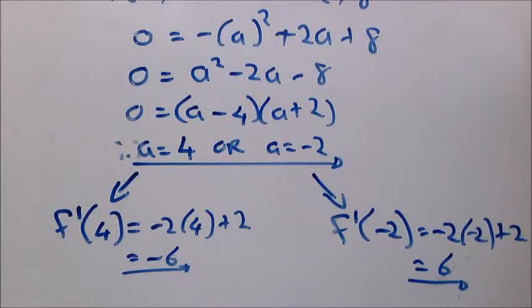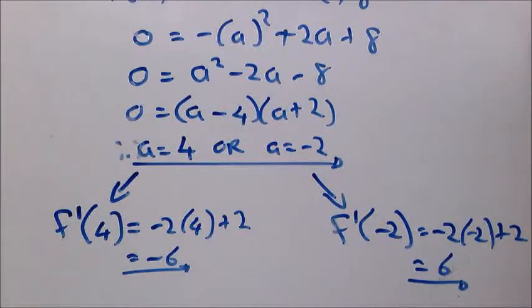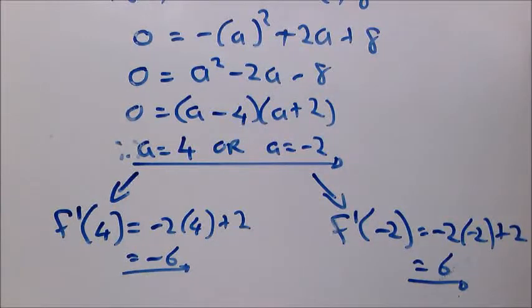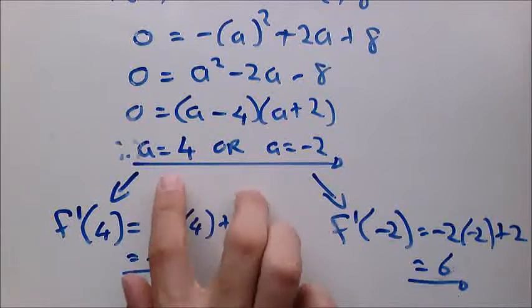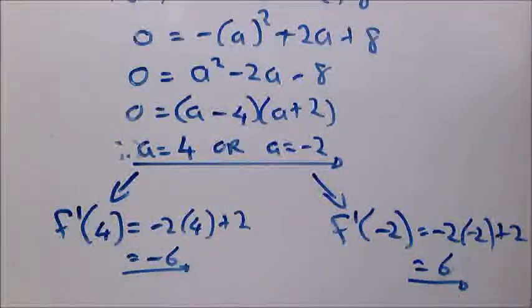Okay, so just to interpret this, where y is equal to 0, that means the what? The x-intercept, right? Where y is equal to 0, our x coordinates are negative 2 and 4, and at those points we have a positive gradient of 6 and a negative gradient of 6 at those points.